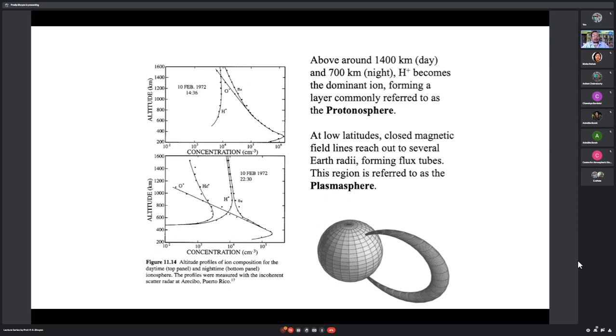So here in Dibrugarh, your dip angle is about 43 degrees. So it is tilted by 43 degrees over this location.